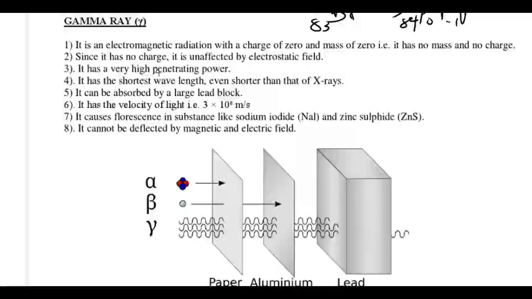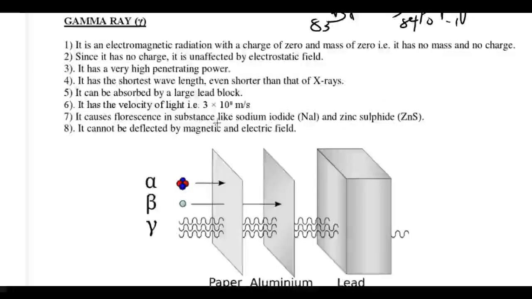And it has a very high penetrating power. It has the shortest wavelength, even shorter than that of X-ray. It can be absorbed by a large lead block, and it has the velocity of the speed of light.